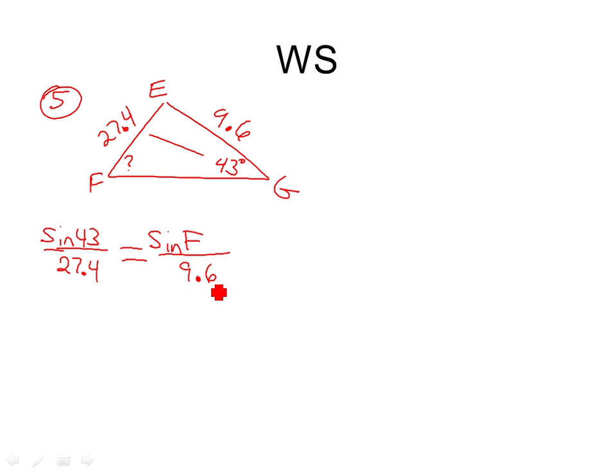Now on all of this, I'm not going to grab my calculator right away. I'm going to use words all the way through all of these. So here when we cross multiply, remember you write this down: 9.6 times sine of 43. How do I write the other side? 27.4 times sine of that.